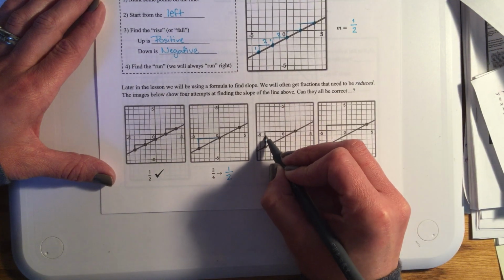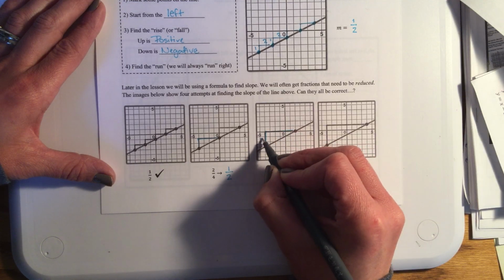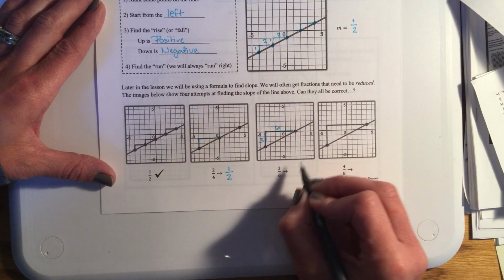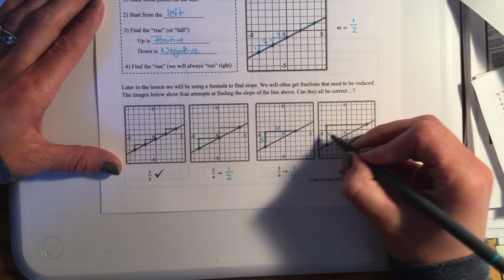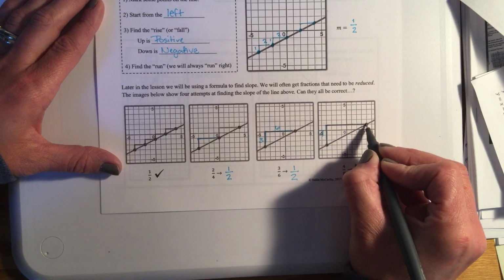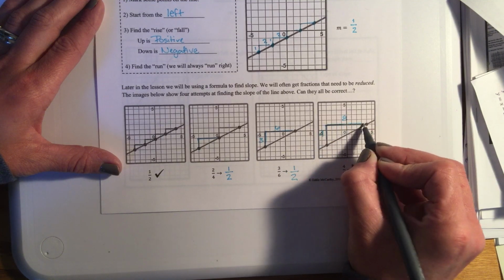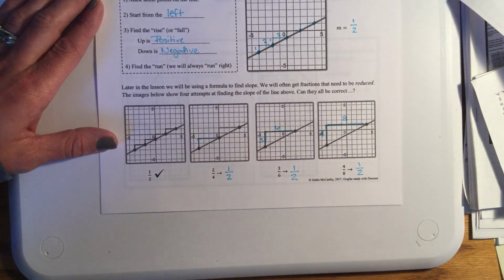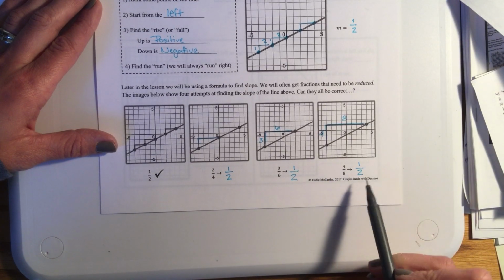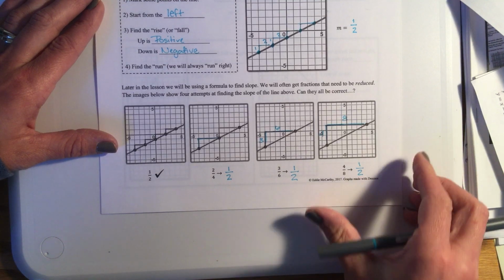This one is up 3 over 6. But what is 3/6 reduced to? 1/2. And the last one is up 4 to the right 8. What does that reduce to? 1/2. So it doesn't matter what 2 points you use on the line. If you pick the right points, they will all reduce to the same exact thing.